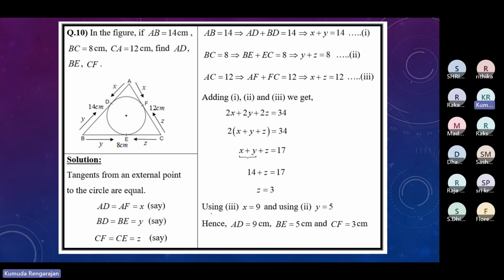That's what I've written here. Using 3, X is 9, and using the second equation, Y will be 8 minus 3, 5.